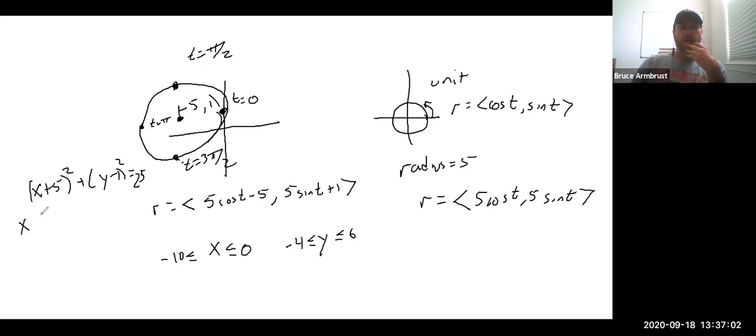And so we want x plus 5 to equal 5 cosine. And we want y minus 1 to equal 5 sine. So that if I were to replace in here, I would get 25 cosine squared plus 25 sine squared, which equals 25. And that's why if I solve for x and y, I have to subtract the 5 and I have to add the 1.